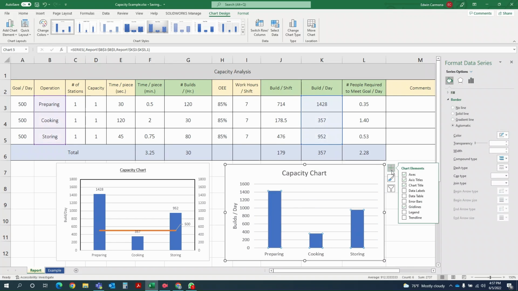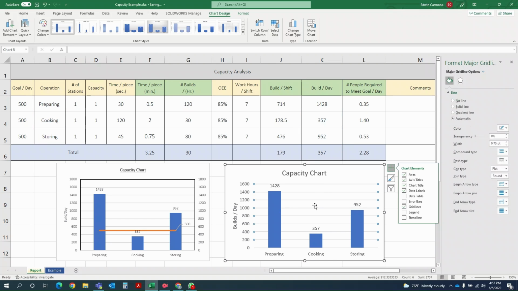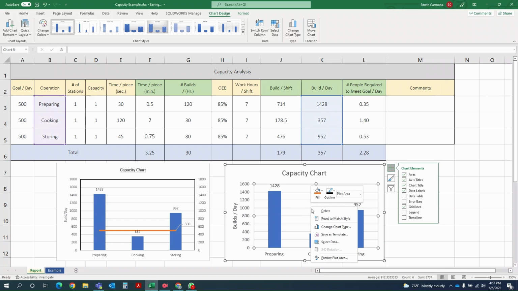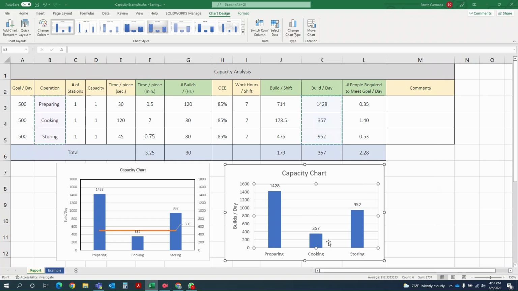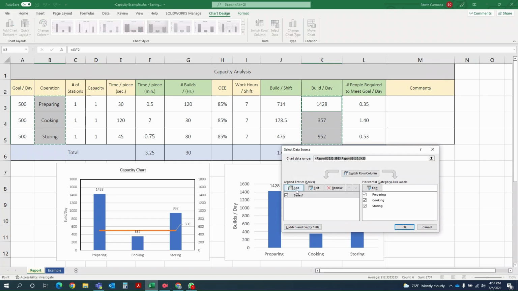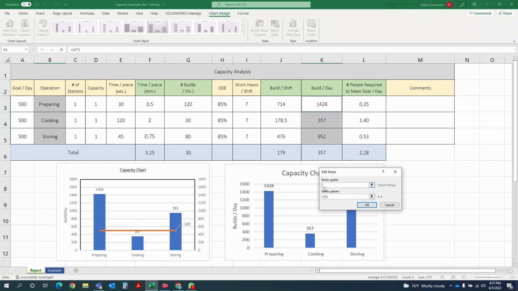In my case, I want to make sure I can see my data labels as well, so I can see what's the mark here. Now notice I'm missing my goal. There's a lot of ways to do this, but if you right click, press select data, you can add a series here.